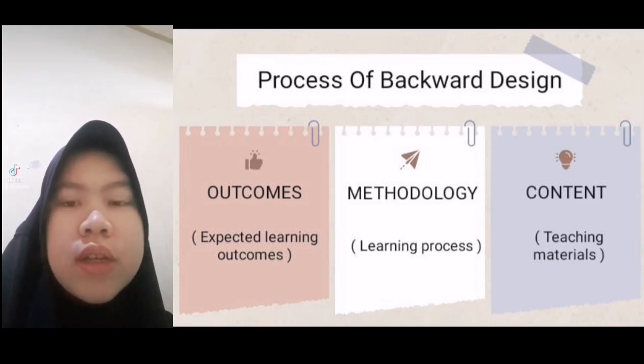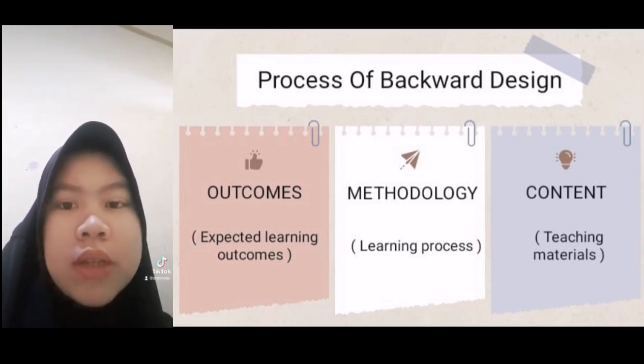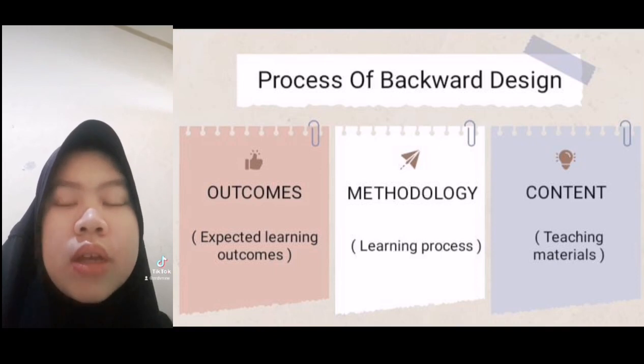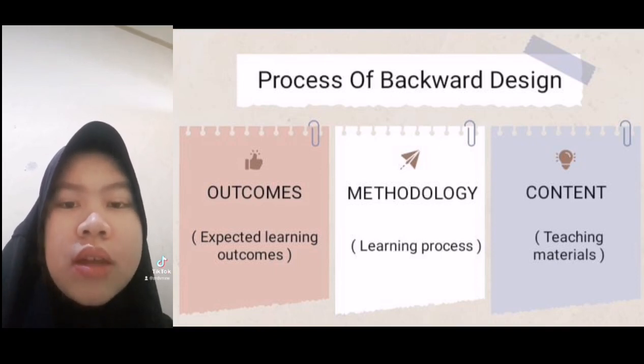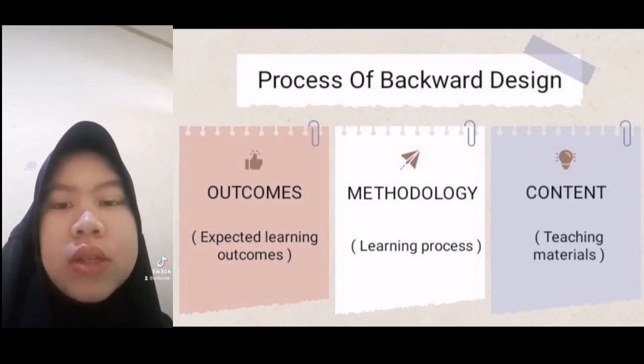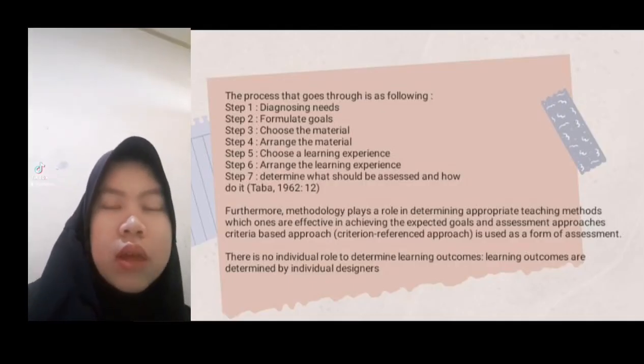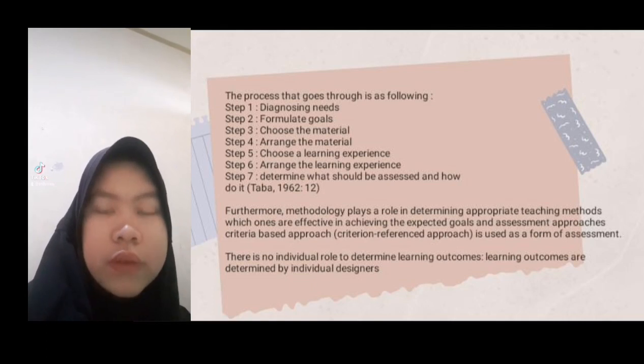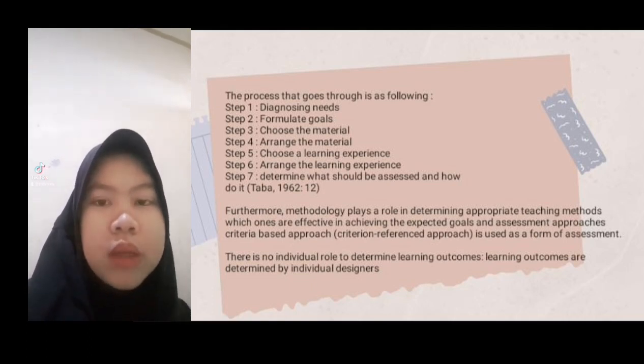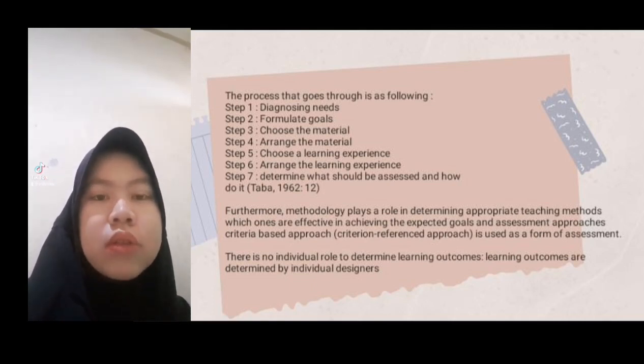Okay, the process of backward design. The first is outcomes, or expected learning outcomes. Secondly is methodology, or the learning process. And the last is content, or teaching materials. The process that goes through is as follows. Step 1: diagnosing needs.